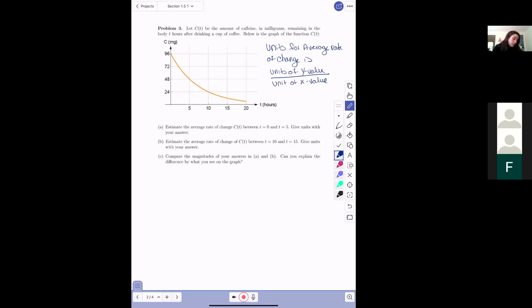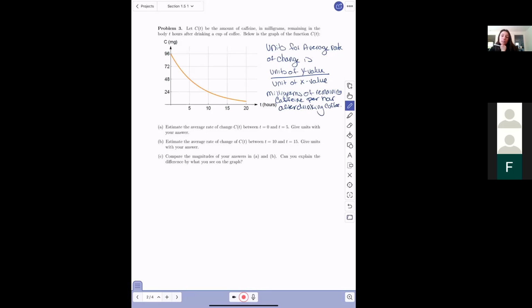So in this case, it's the milligrams of caffeine remaining per hour after drinking coffee. Okay, so that's the units we have to use.